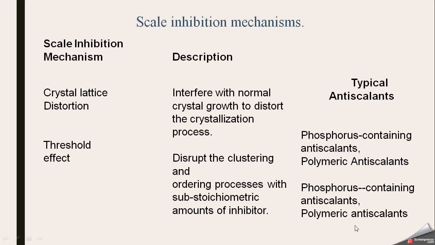And similarly phosphorus-containing antiscalant, polymeric antiscalant. Normally phosphorus-containing antiscalants are basically phosphate or phosphonate based compounds with some polymeric compounds. Companies are selling these compounds under their trade names. However, maybe in the future, in some videos, we will explain or show some of the compounds used in the formation of these antiscalants.